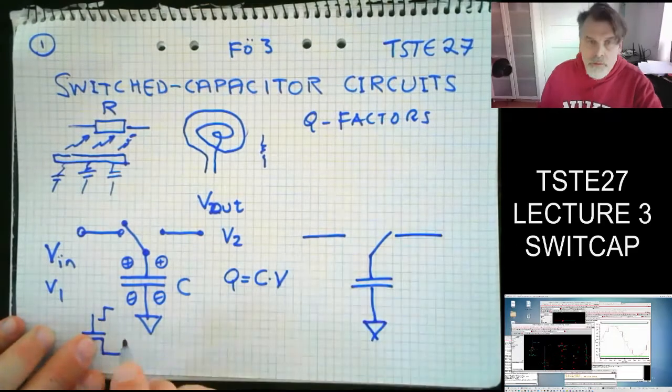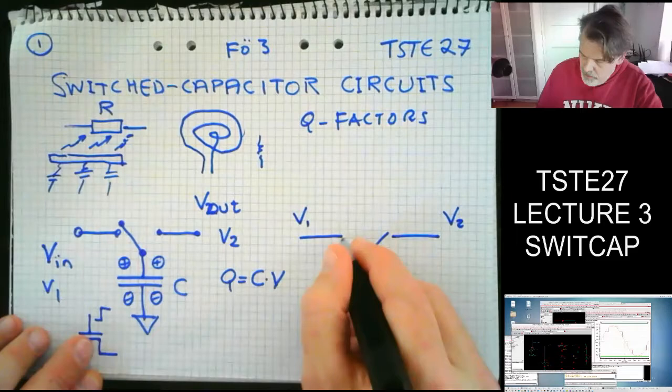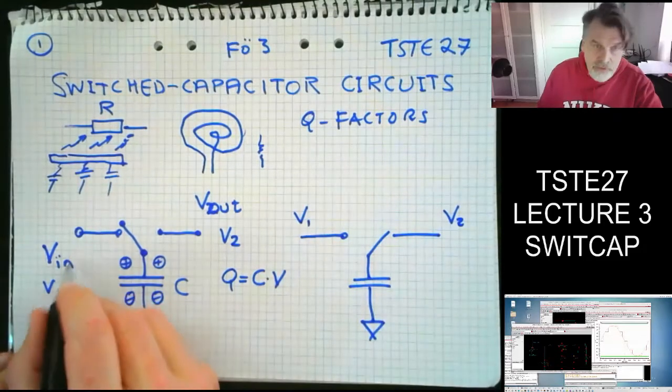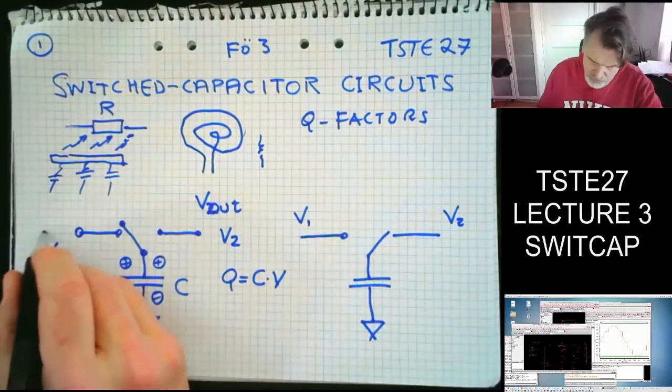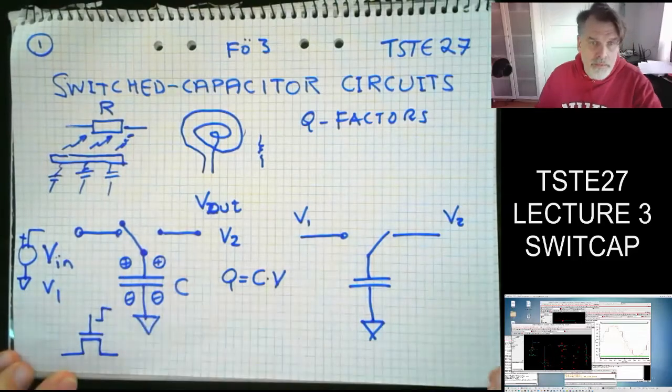And then I have a V2 here, and I have a V1 here. We should say also that V1 is our input, so I typically have some voltage driving this side of the switched capacitor.